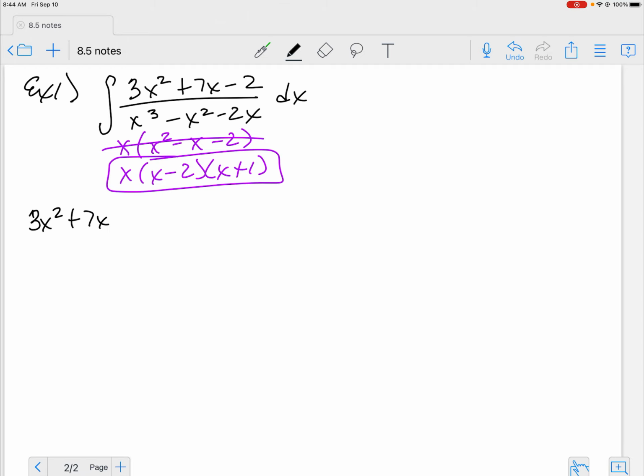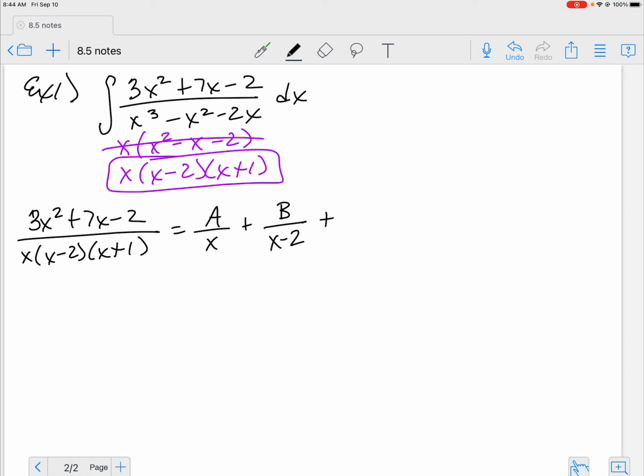3x squared plus 7x minus 2 over x times (x minus 2)(x plus 1). So your partial fraction decomposition is you're breaking up those linear factors. So I'm saying I have some A, which is my numerator, with a denominator of x, plus B with a denominator of x minus 2, plus C with a denominator of x plus 1.